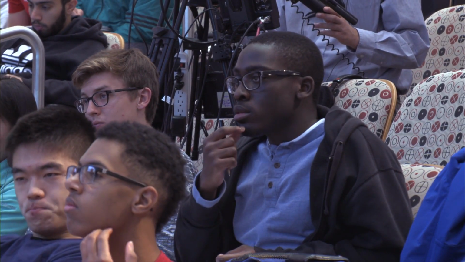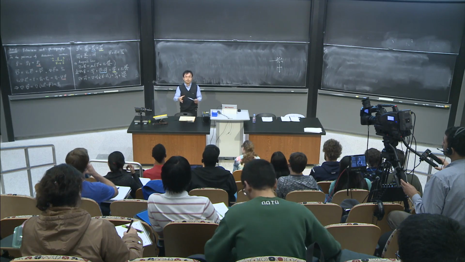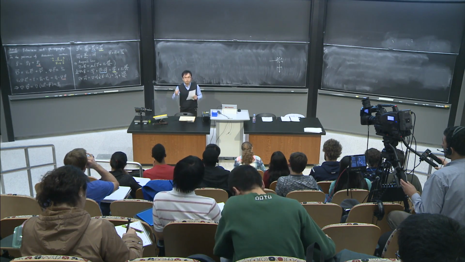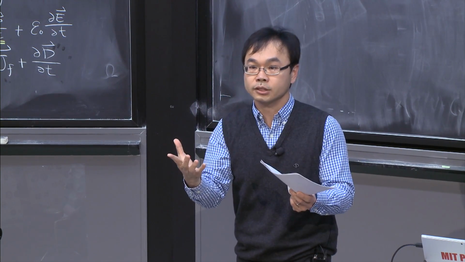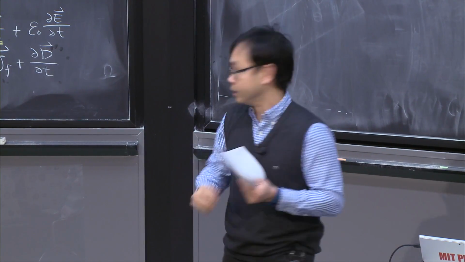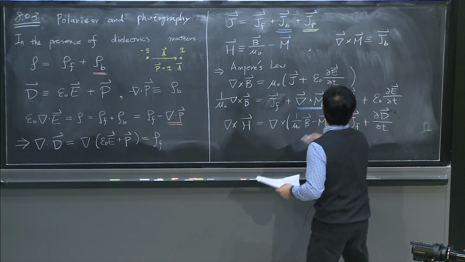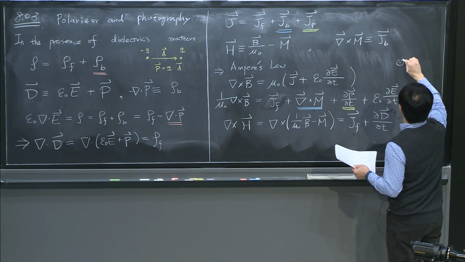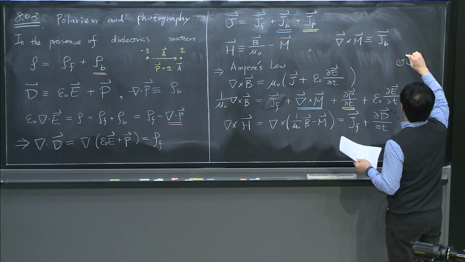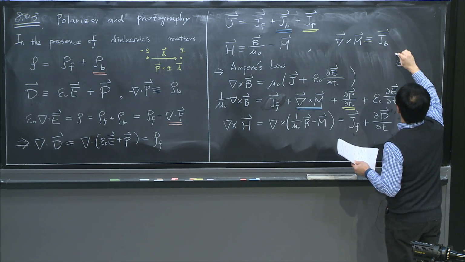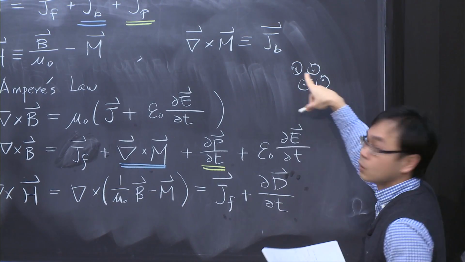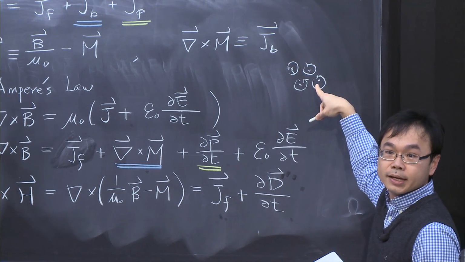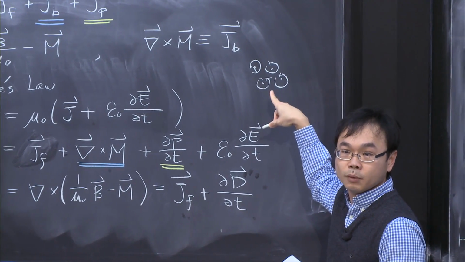The bound current is actually inside the whole dielectric material. But of course, you can have many, many small loops, and they will cancel, right? Because if they are looping, for example, you can have many, many bound currents surrounding the atom. But you can see that all those nearby little bound currents will cancel each other.